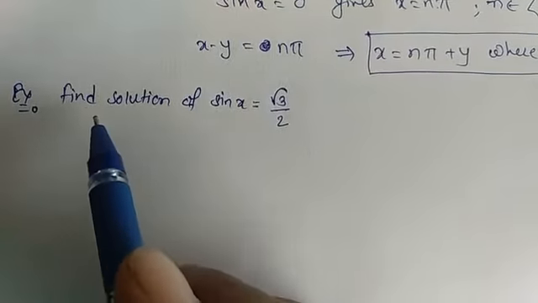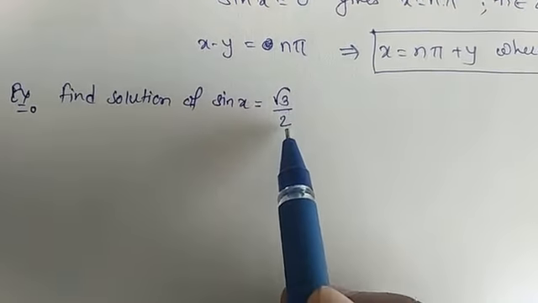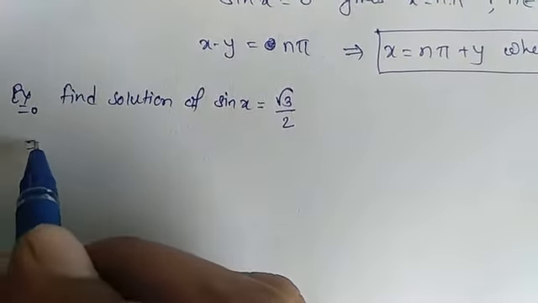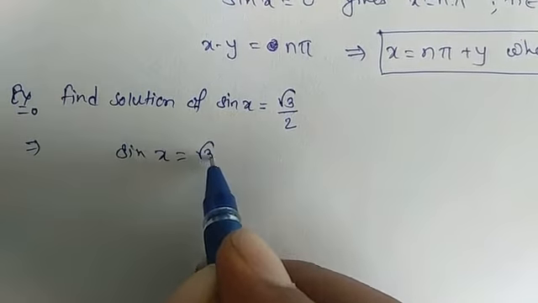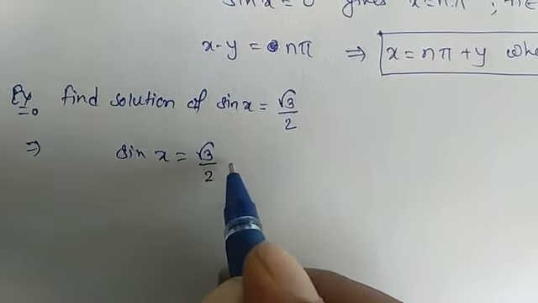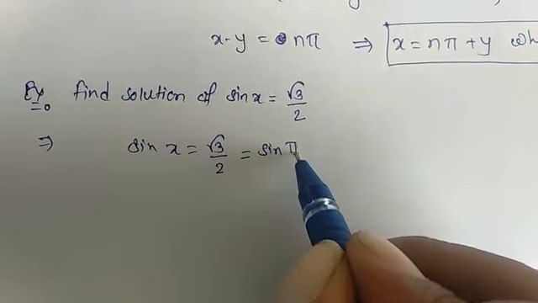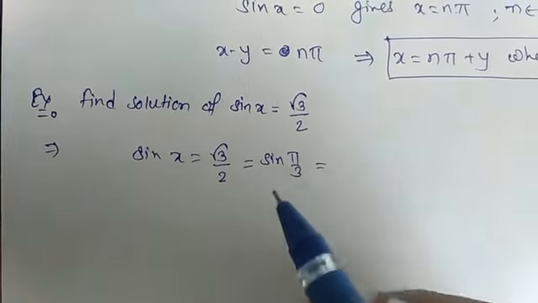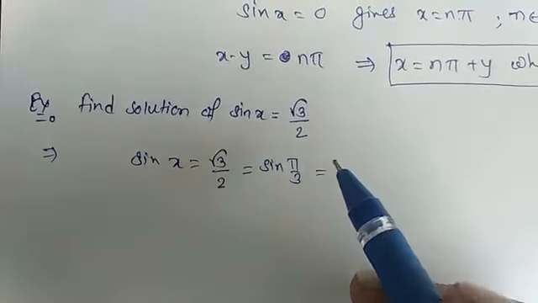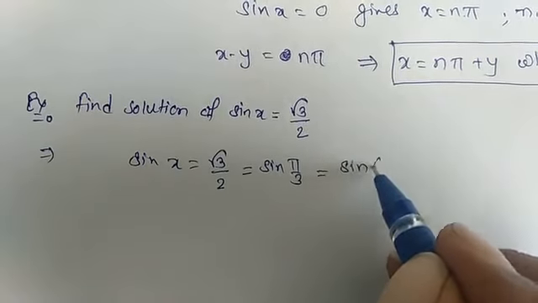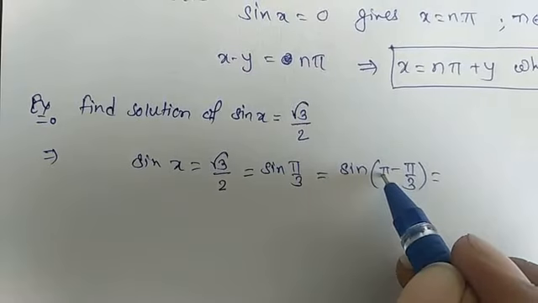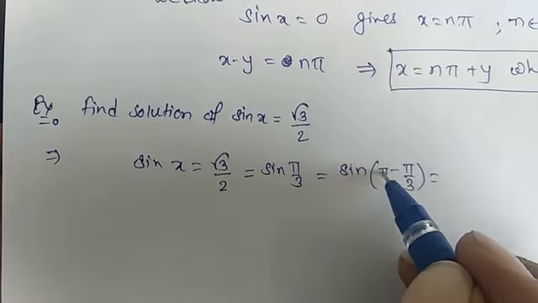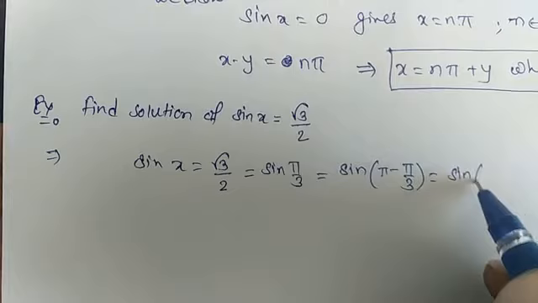Now consider the example. Find the solution of sin x is equal to root 3 by 2. As we know, sin x is equal to root 3 by 2 is equal to sin pi by 3, which is also equal to sin of pi minus pi by 3, which will be present in the second quadrant, that is sin of 2 pi by 3.